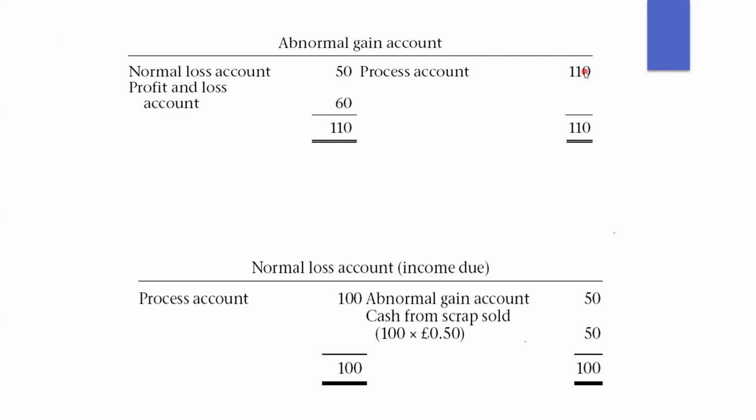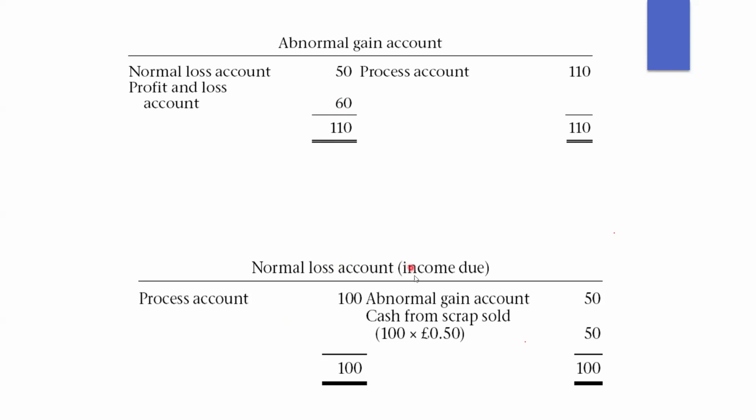Out of that, you can see 100 into 50 is the scrap value. So 100 into 50, we are going to transfer into the abnormal gain account. Then the difference between the debit side and credit side, we are going to transfer to the income statement or profit and loss account.